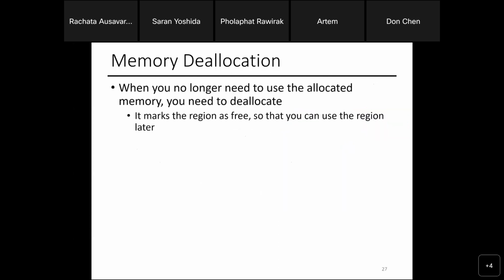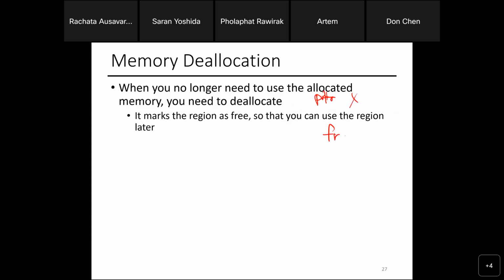Free is deallocation. Basically, when you no longer need a space, you need to deallocate. If we don't do this, we call it memory leakage. Memory leakage means that the program keeps using memory and never frees it, keeps occupying more and more and forgets to free. To do this, you mark the region as free. Let's say you have a pointer x.